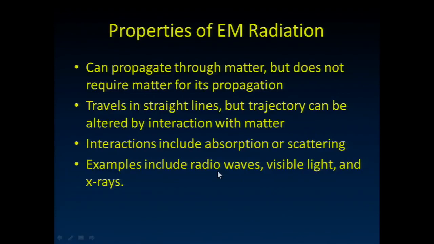As you go higher up, things change again. At the X-ray energies, things interact sometimes. Sometimes as it gets more energetic, it's more likely that it may just pass through. The interactions are absorption and scattering, and we already mentioned radio waves, which are going to be important to us in MR, visible light, and X-rays as examples.